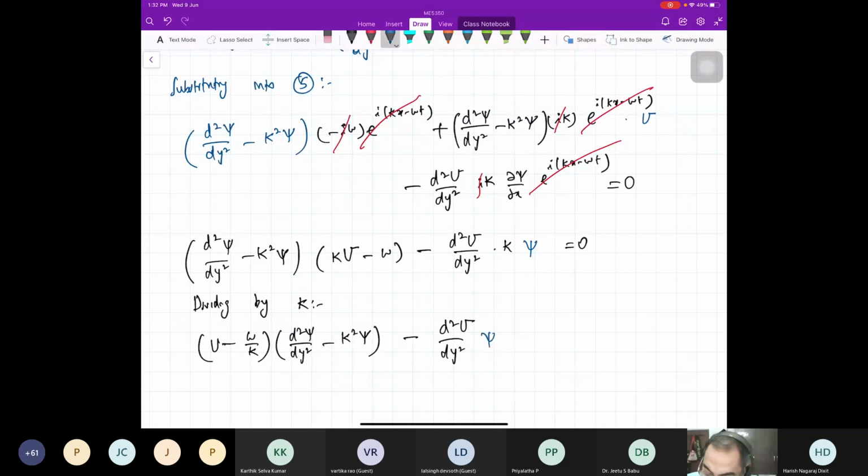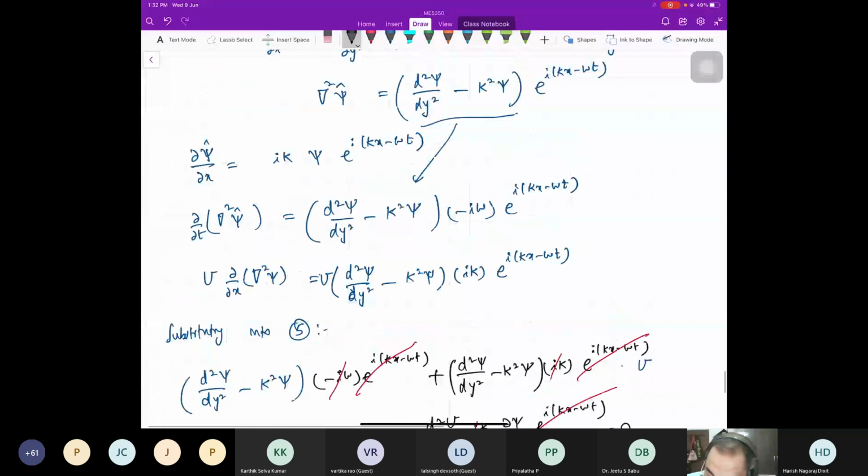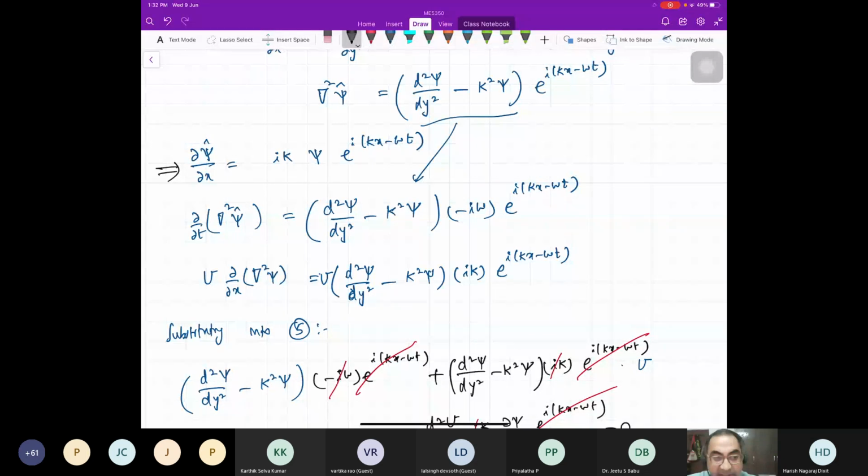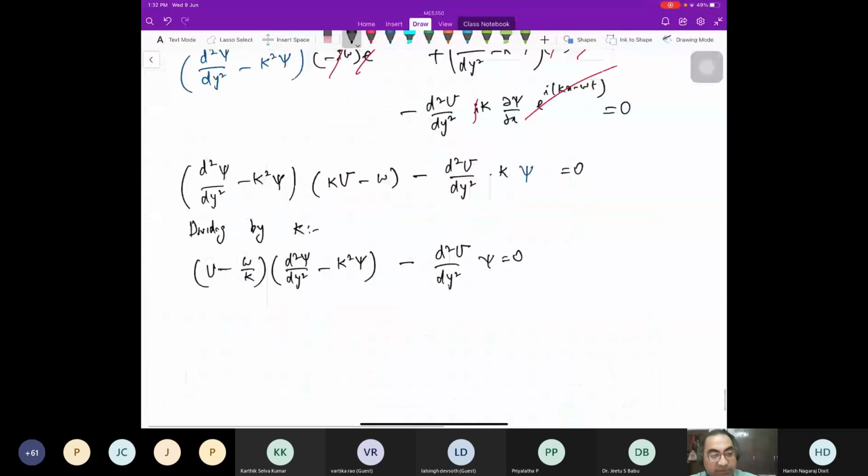of psi is equal to 0. Here I actually made a mistake. When I take a derivative with respect to x in this equation, I accidentally took a derivative with respect to psi as well. Psi is a function of y alone. Therefore I have this equation, and I can define a new variable.